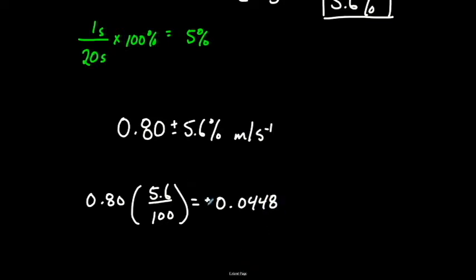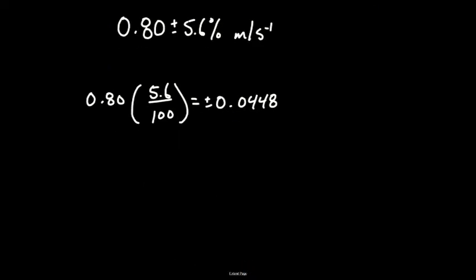Okay, so that's plus or minus that amount. So we would now write this as 0.80 plus or minus 0.04, and we're going to go to the same number of decimals that we have here, milliliters per second. So there is our drip rate with the correct propagated uncertainty attached to it.